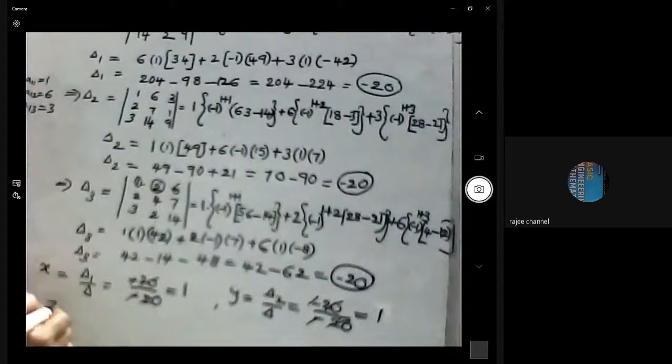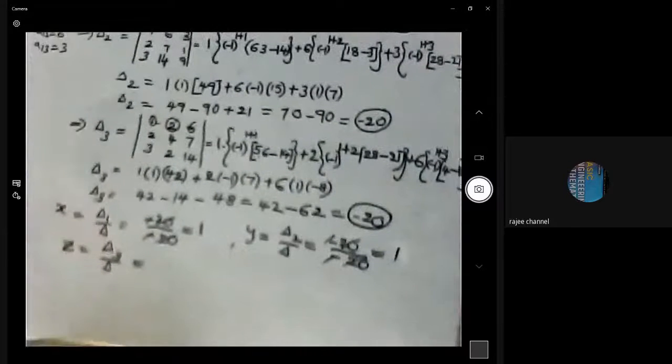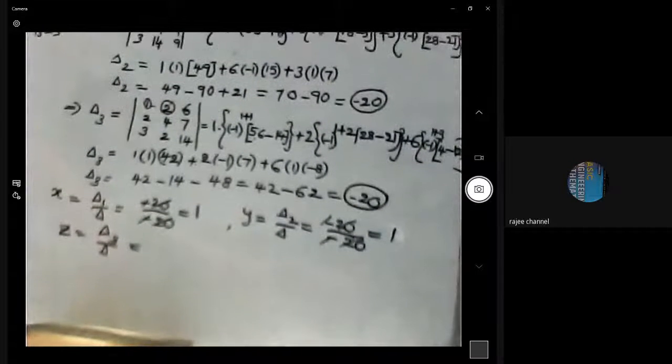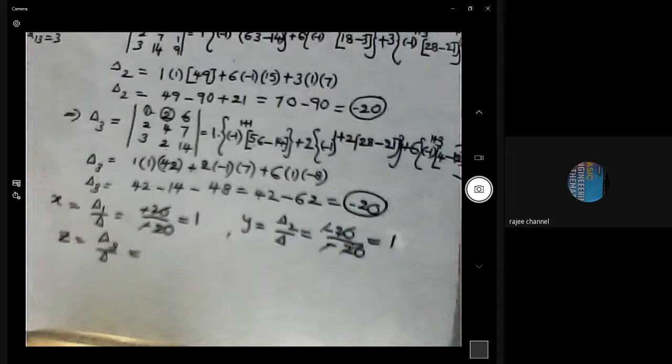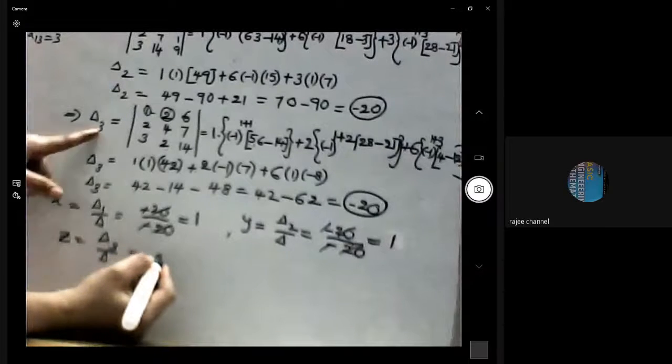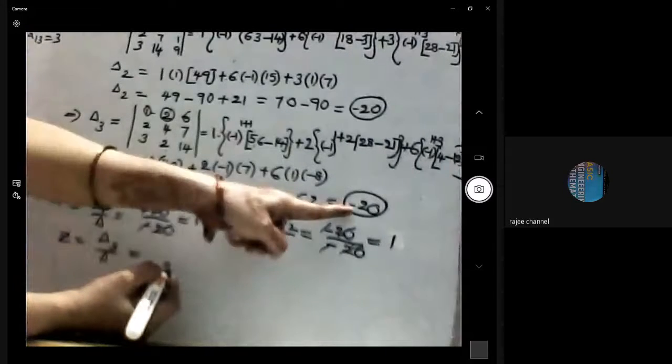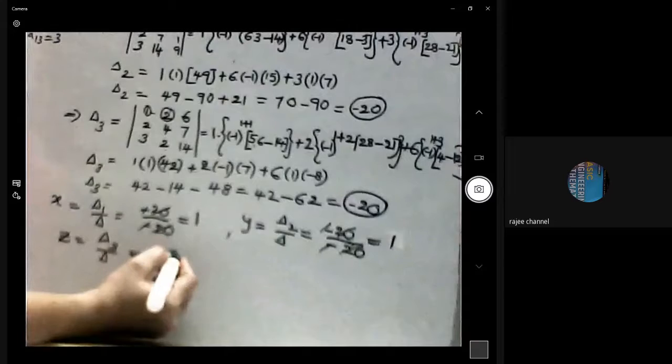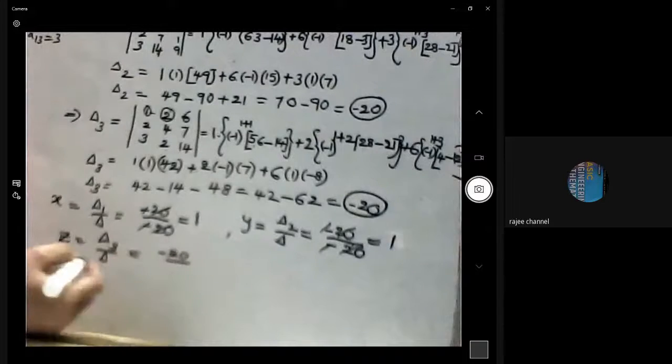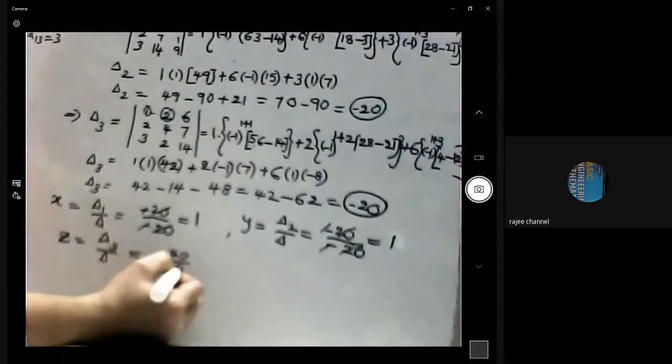Next we can find Z. Z is equal delta 3 by delta. So delta 3 value is equal to minus 20, divided by delta value, also equal to minus 20.